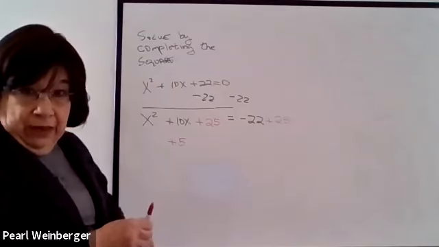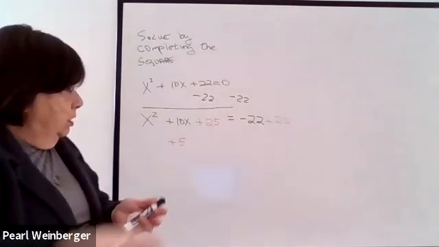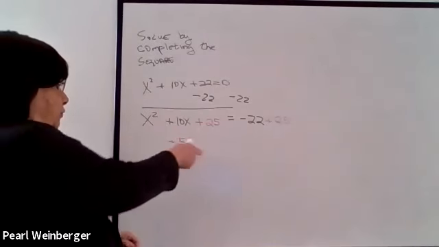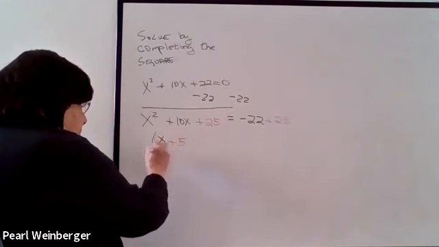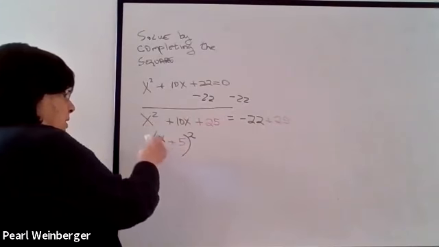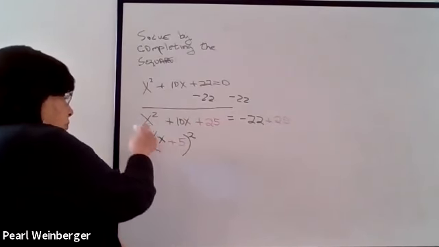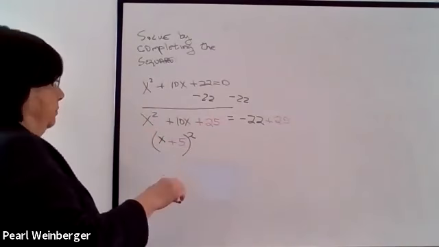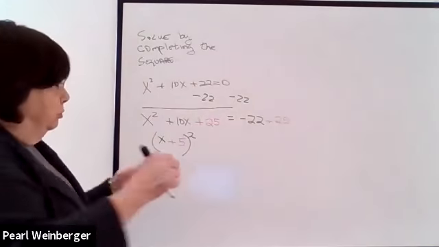And that makes this expression in factored form. This is now a perfect square. It's x plus 5 squared. In other words, it's very easy. Your first term is always going to be the square root of the x squared, which is just the x or whatever variable you're using.